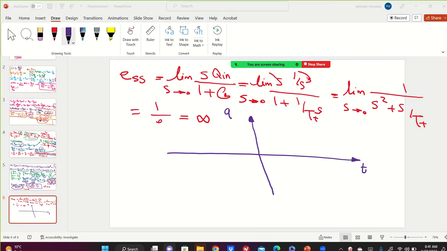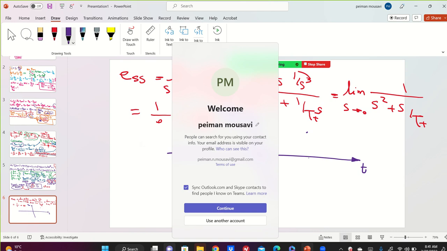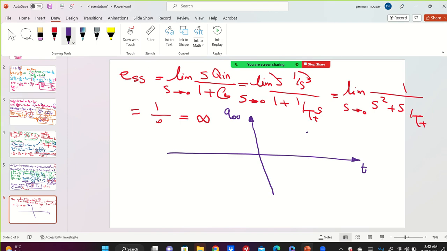So the input to the system is parabolic.